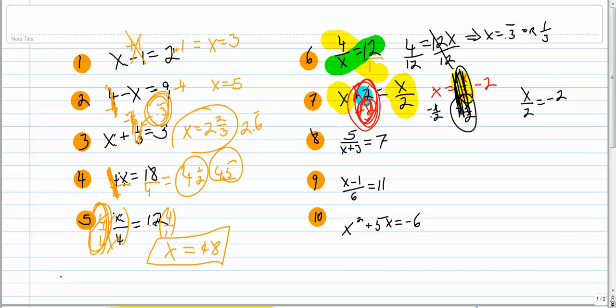And then one last little step, double both sides, because you want to get rid of that divided by 2. If we multiply this side by 2, or 2 over 1, we wind up with just x. And if we multiply this side by 2, or 2 over 1, we get negative 4. That's your answer there.